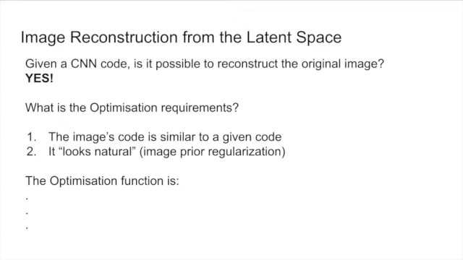And if I just give the value of an intermediate layer, the network should be able to predict the original image out of it.